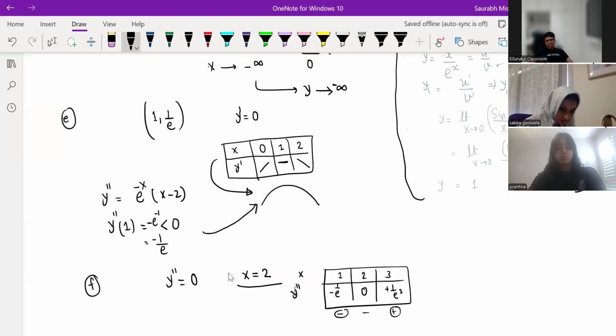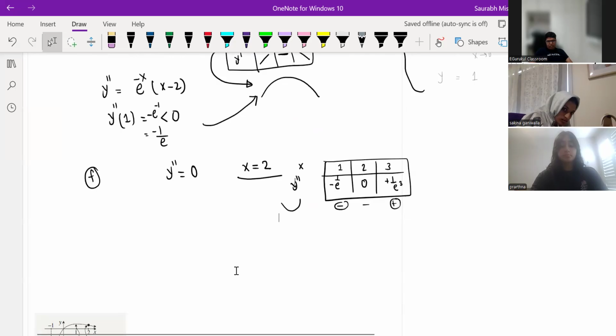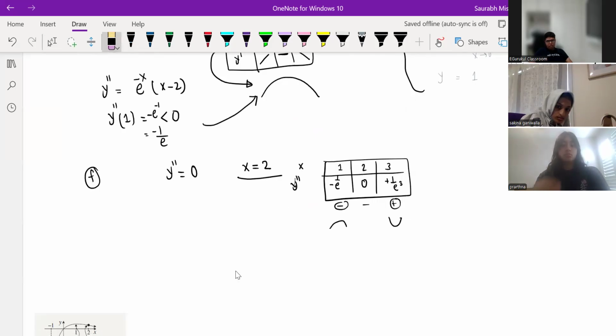So it is changing the concavity, right? Earlier it was concave up or down, Pratna? If y double prime is negative, then it is concave down. Clear? So it is changing a concavity. So it is a point of inflection.